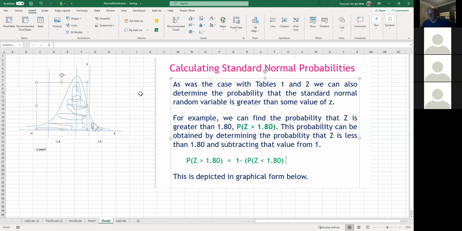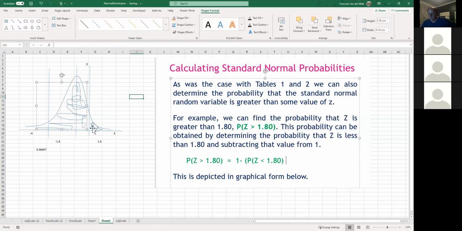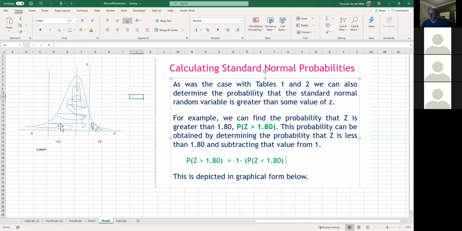So I hope you can see, if I actually just want this area, it's 1 minus this area. Does that make sense? To answer this question, it's 0.0353. What's the probability of Z greater than 1.8? It's the same as 1 minus the probability of Z less than 1.8.